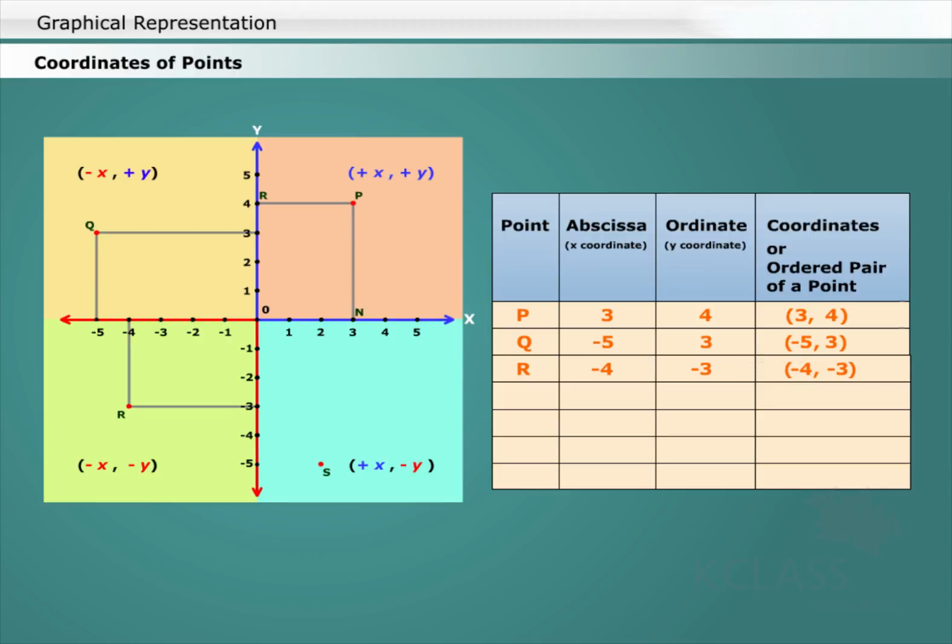Let's see the coordinates of a point S. Let's see the coordinates of a point N. Let's see the coordinates of a point M. Let's see the coordinates of a point O.